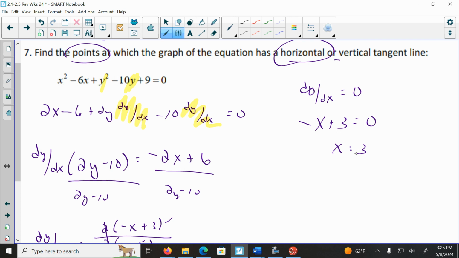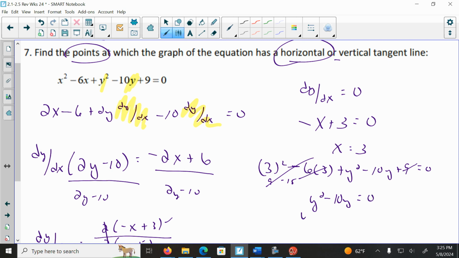So I'm going to have to do 3 squared minus 6 times 3 plus y squared minus 10y plus 9 is equal to 0. So this is 9, minus 18, so all these will equal 0. So I'm going to put y squared minus 10y equals 0. Y is equal to 0, y is equal to 10. So my two ordered pairs are going to be 3, 0 and 3, 10.